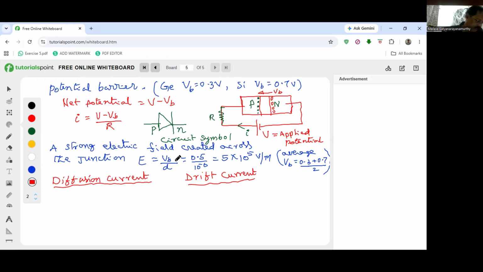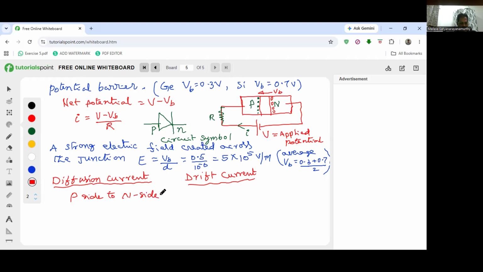The diffusion current is 100% from the P region to the N region, and the drift current is from the N region to the P region. So the diffusion current is from the P side to the N side.